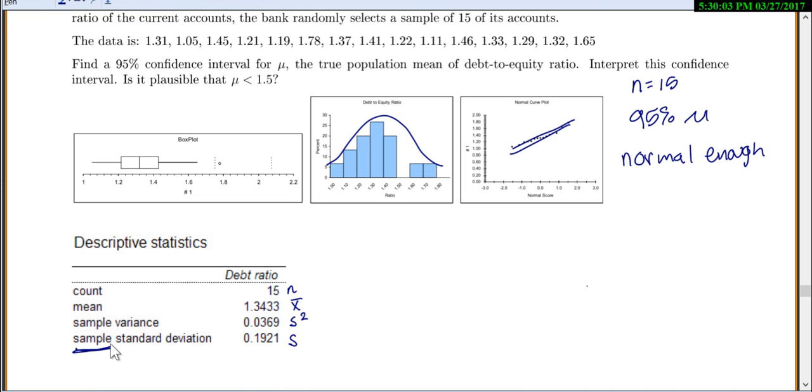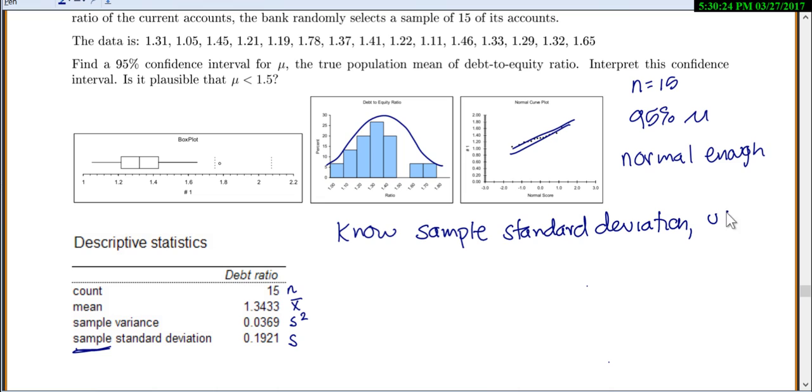Now because it says that sample standard deviation, I know I have to use a t confidence interval instead of a z, because we know the sample standard deviation. So we'll use t.